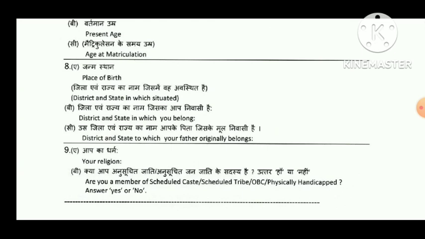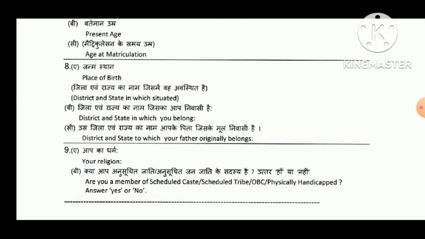You have to read everything very carefully, the small details that are mentioned, and after reading very carefully, fill in the form. Be very careful while filling the form, because presence of mind is required. So read very carefully before writing anything in this form.